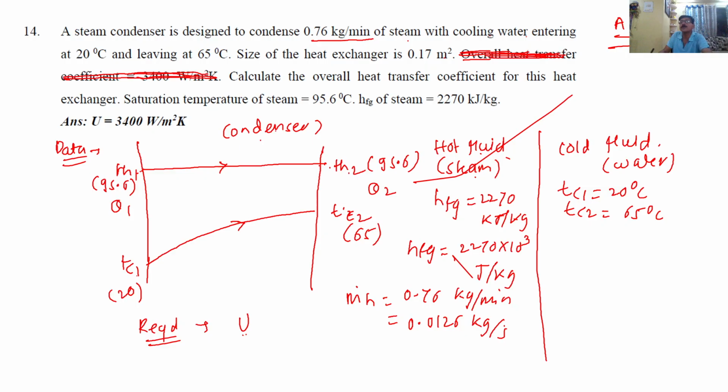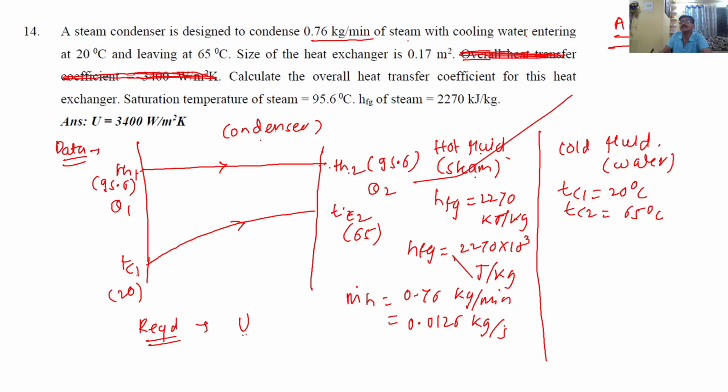In a similar fashion for the cold fluid, what is m dot c? 16.66 kg per second. And what is Cpc? 4187. It is 4.187 kilojoule, but you have to use joule, so 4187. If I calculate, CH comes around 26,666.56, and CC comes around 69,755.42.